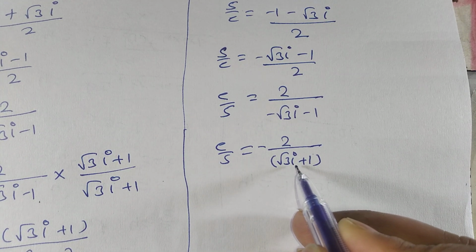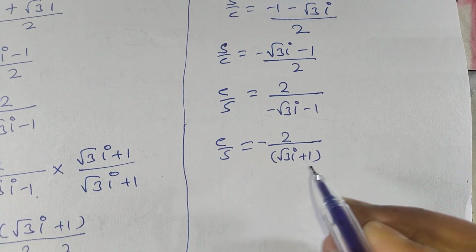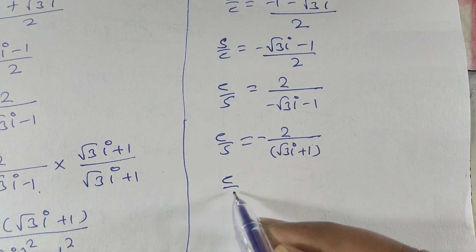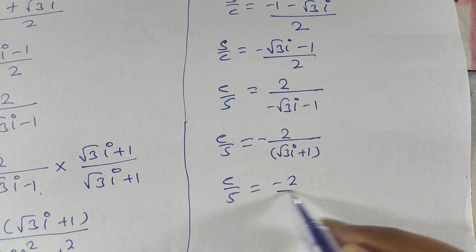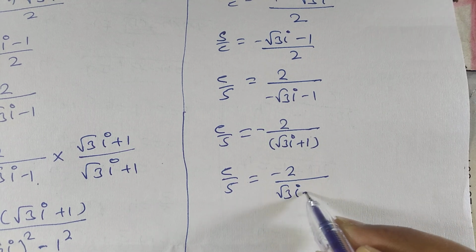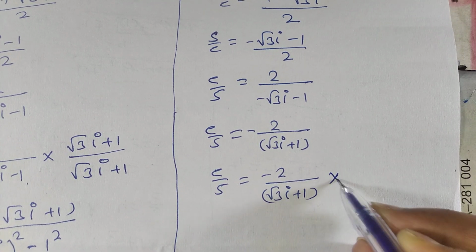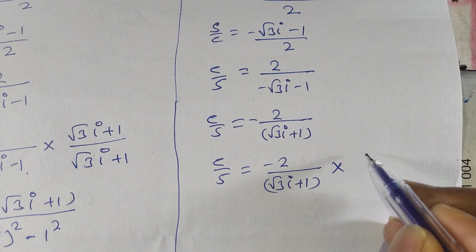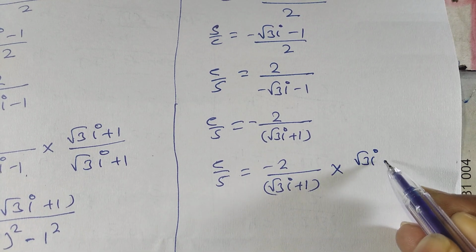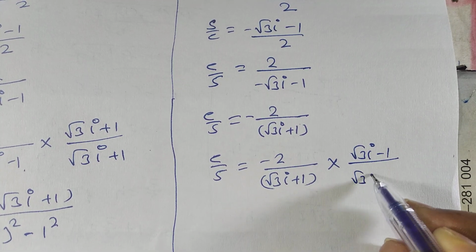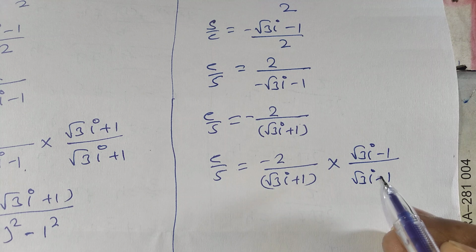Multiplying in this conjugate, C over 5 is equal to minus 2 over square root of 3 iota plus 1, and multiplying in this denominator the conjugate, square root of 3 iota minus 1 over square root of 3 iota minus 1.